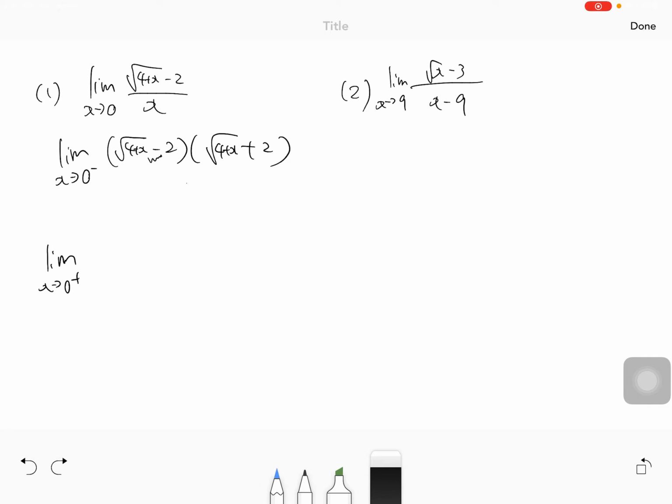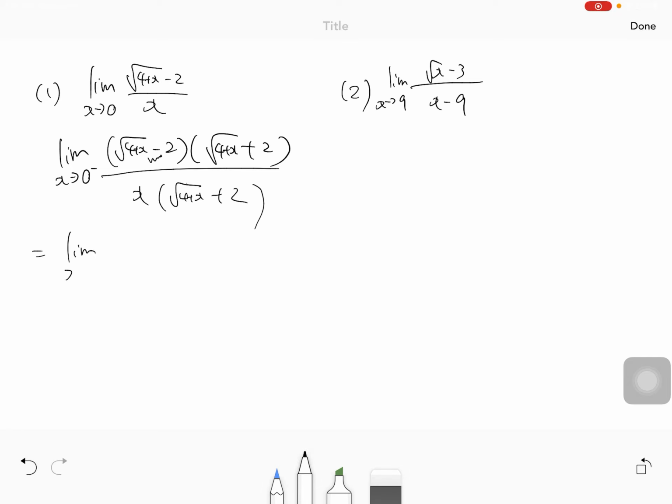Then I want you to multiply the conjugate of the numerator on top and the bottom. It's going to be like this. Okay. Then let's calculate it.